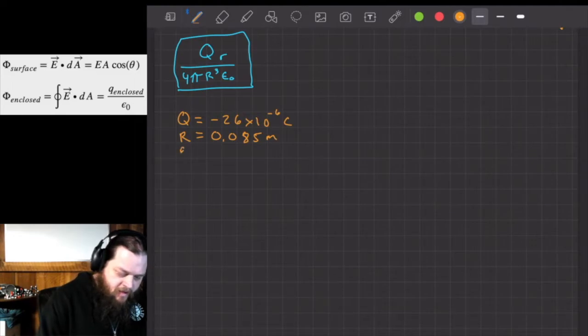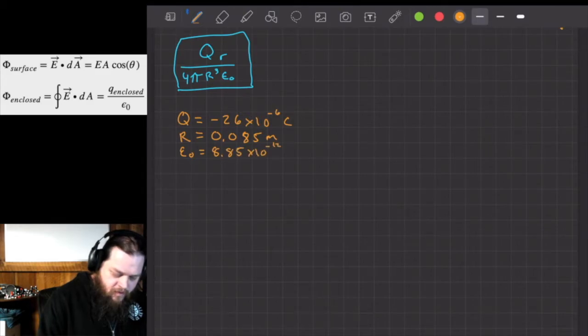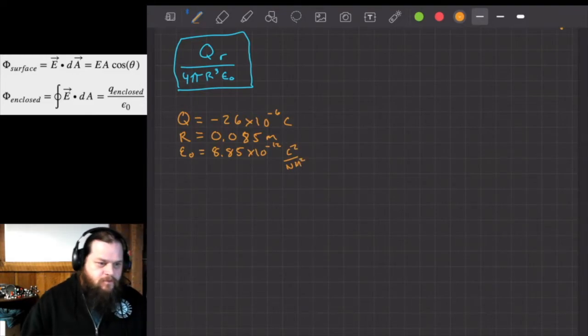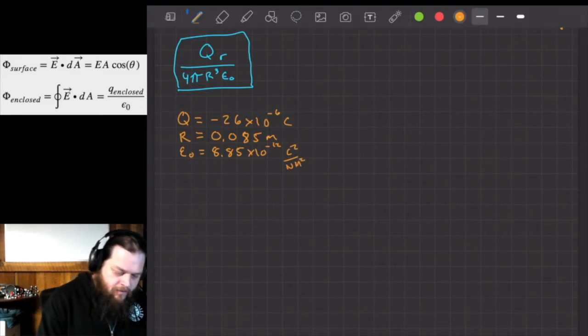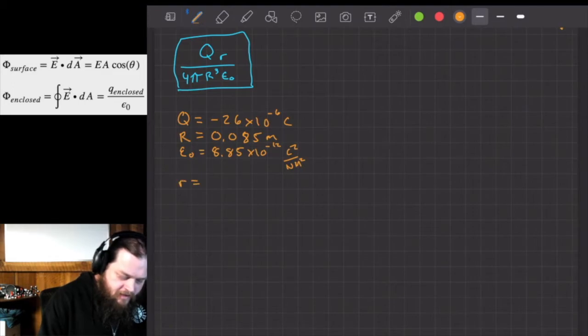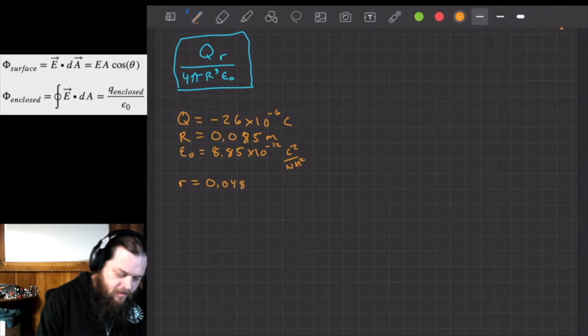And epsilon naught never changes, so that's 8.85 times 10 to the negative 12 Coulomb squared per Newton meter squared. And finally, our little r in this case is going to equal 0.048 meters.